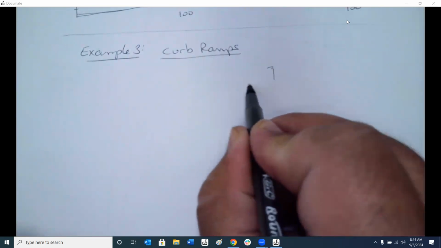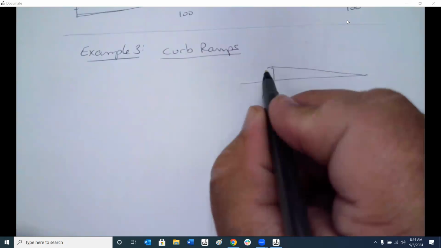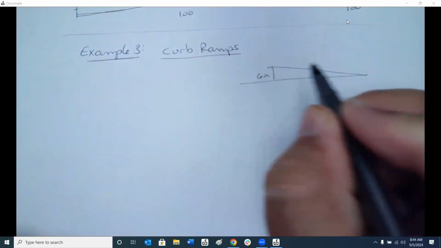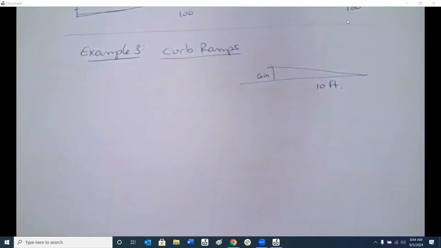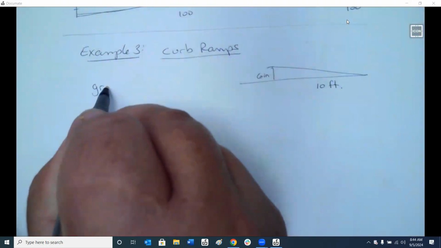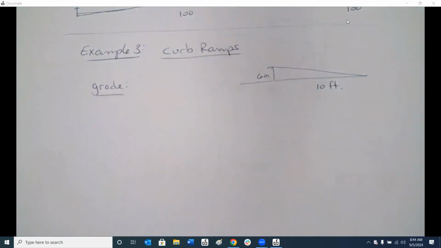So a curb is usually 6 inches. 6 inches and 10 feet. What is the grade of this ramp?